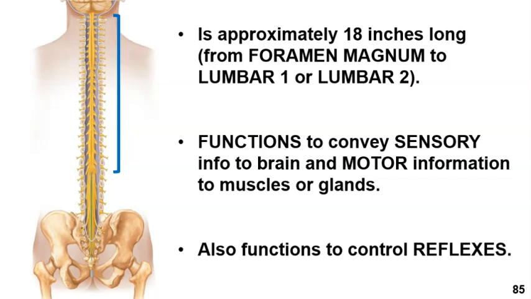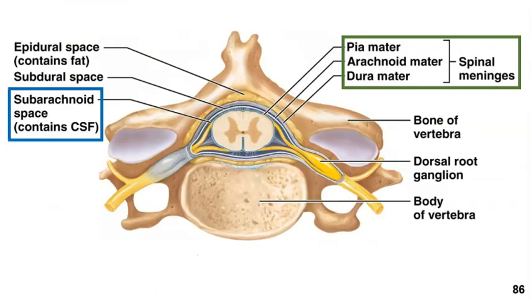Sensory neurons from the periphery make synapses with integration neurons in the spinal cord, which are called interneurons, and we will see those later. And these interneurons are going to carry that information to the brain. Motor neurons have axons that extend out of the spinal cord and make synapses with the various muscles or glands that they will be controlling.